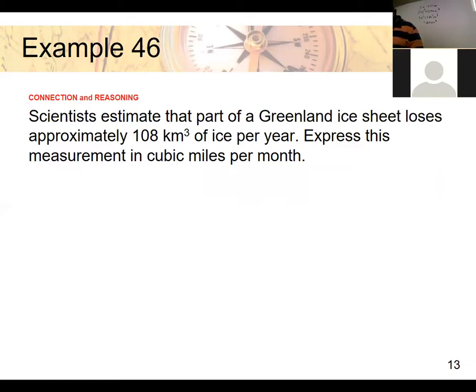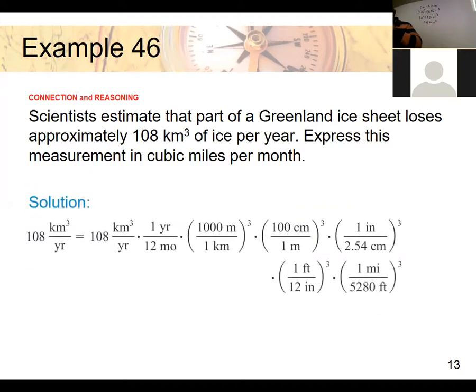Now here we're going to show you how this is done. They're starting out with 108 cubic kilometers per year, and they're using what they call dimensional analysis here. Now, we need to express that as cubic miles per month.